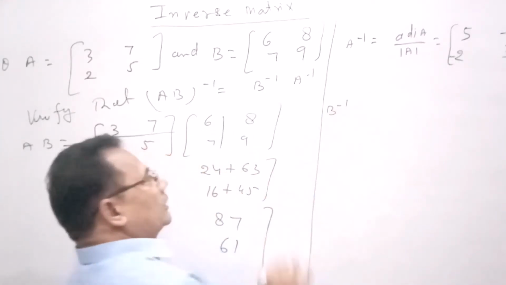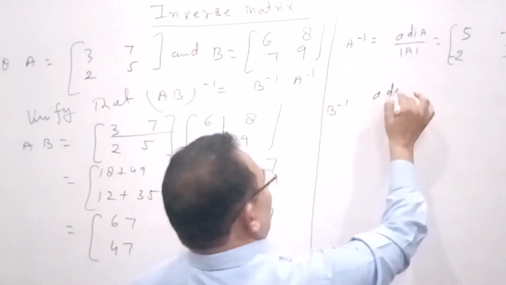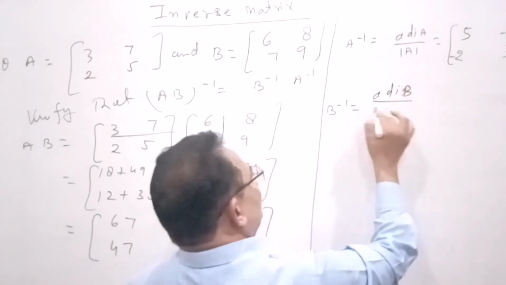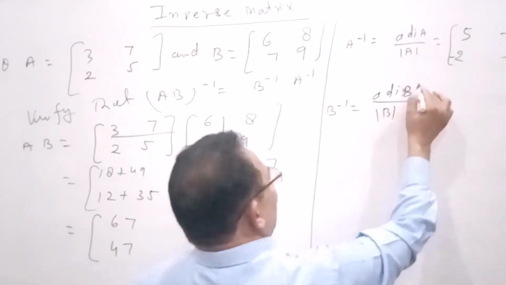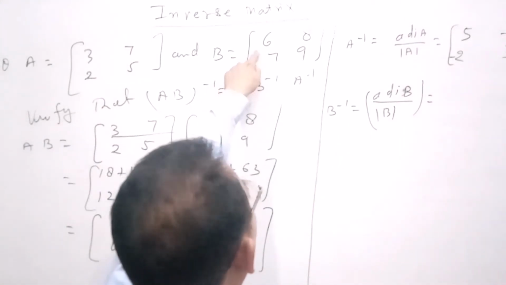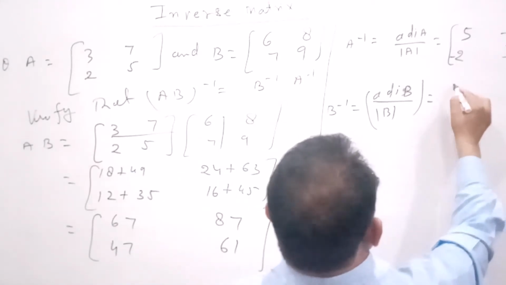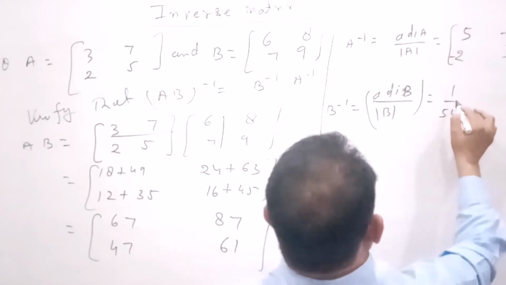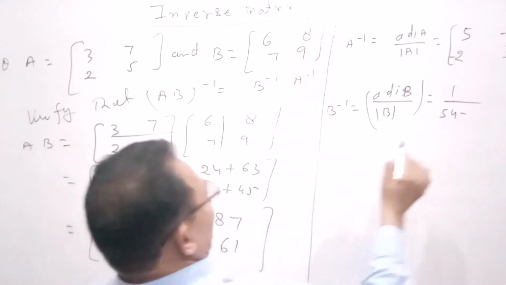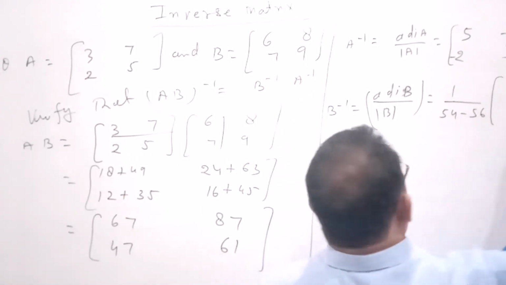Similarly, we can find the value of B inverse, that is the adjoint of B upon the determinant of B. This is equal to 9 6 54, or 1 upon 54, and minus 7 8 that is 56, this is the inverse of this.